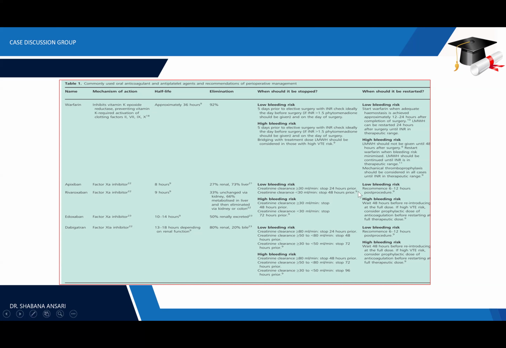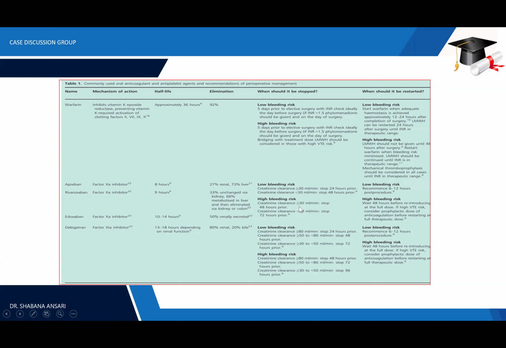And when are we going to recommence them? After the surgery, at least 6 to 12 hours after the procedure. Okay, so again, here they have not mentioned anything about the bridging in the low-risk patients with the direct oral anticoagulants. If there is a high bleeding risk, again, we are going to check the creatinine clearance.